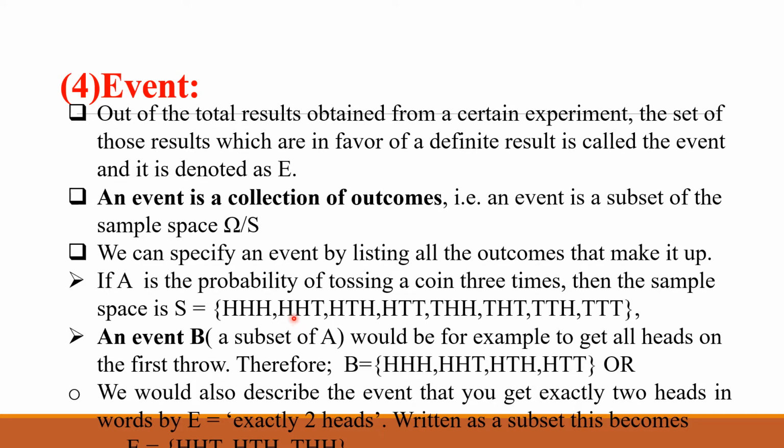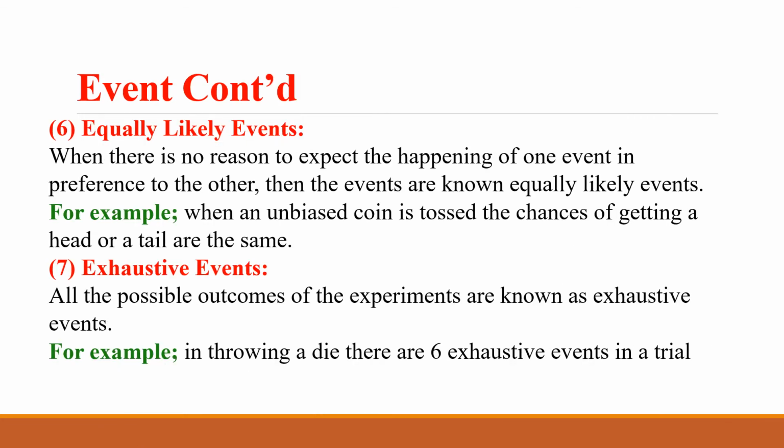So it will be HHT, HTH, and THH. And so, as you can see, sorry, the diagram is too slow, cannot show the lower end, but exactly that is what we're talking about.